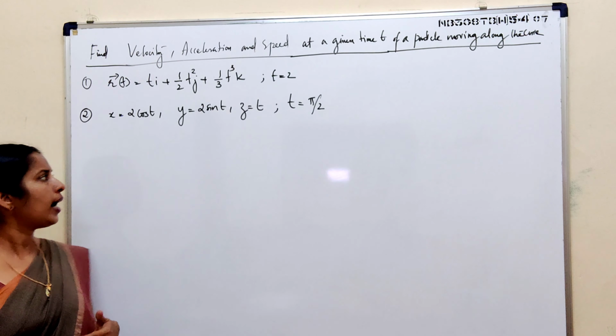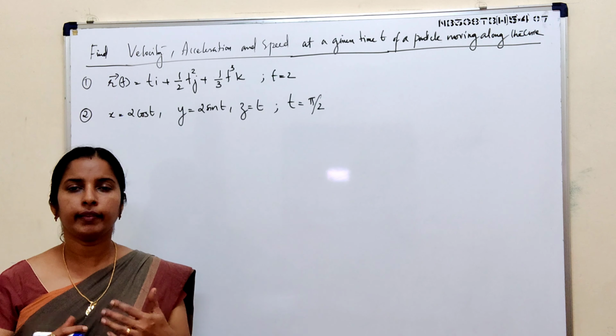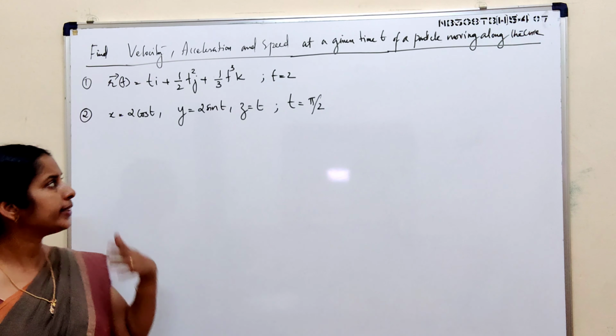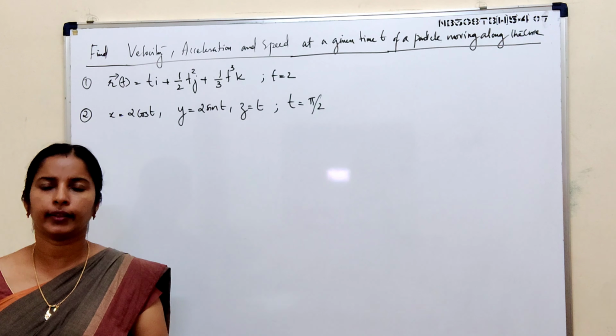In the second question, r(t) is not directly given. The curve r(t) is either given in the form of parametric representations or directly given. In the first question, r(t) is directly given, but in the second question, its parametric equations are given.